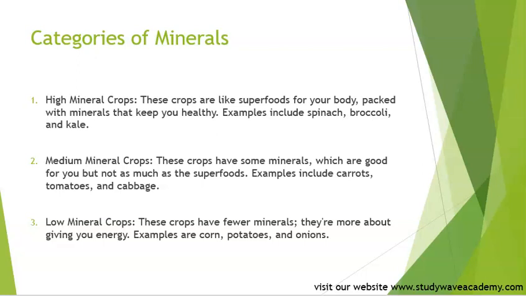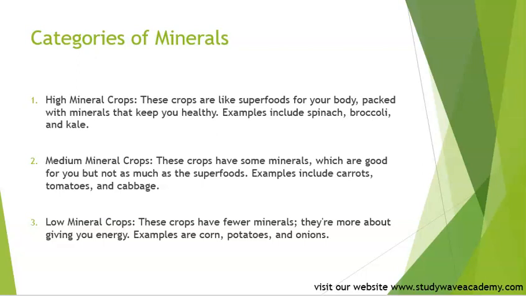So the high mineral crops, these are crops like superfoods for your body, packed with minerals that keep you healthy. Examples include spinach, broccoli, and kale. Then medium mineral crops, these crops have some minerals which are good for you, but not as much as those superfoods.